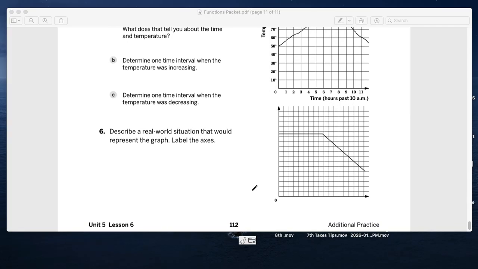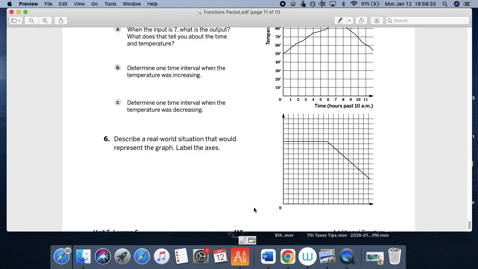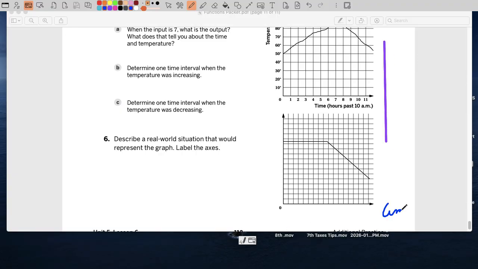Last question, I think. Describe a real-world situation that would represent the graph, and label the axes. Let's call this time. Then this is distance from home. So here's Johnny.